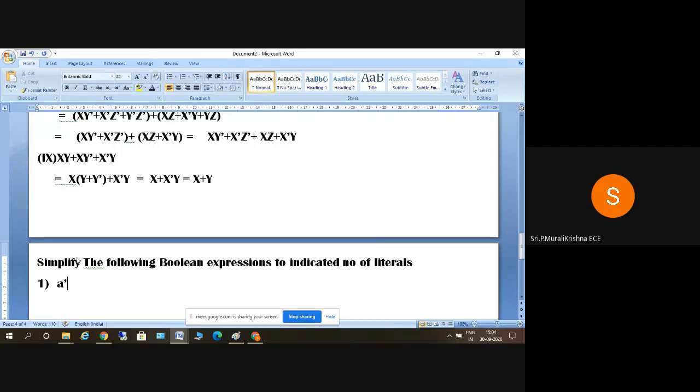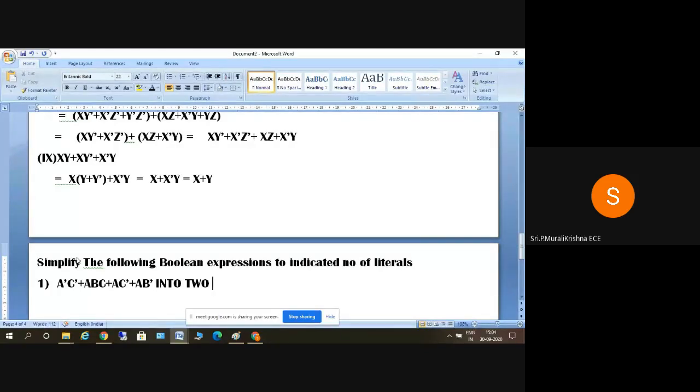A bar C bar plus ABC plus AC bar plus AB bar, into two literals.